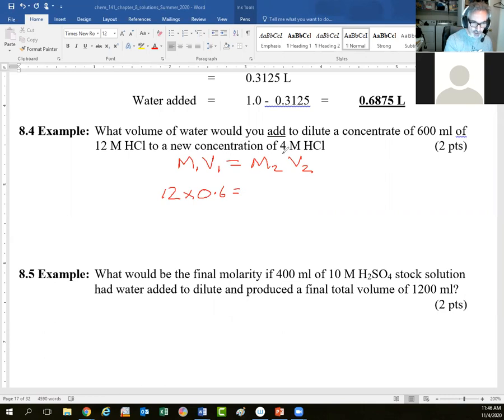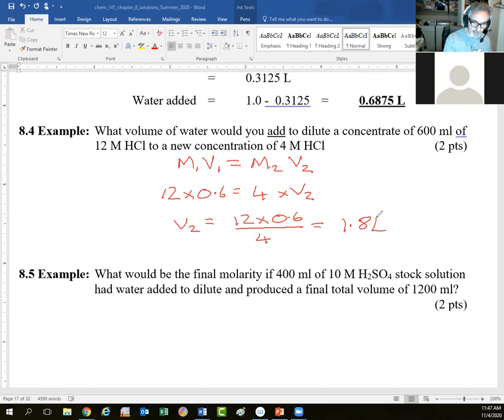And we want the new concentration, M2, to be just 4. So V2 will be the 12 molarity times the 0.6 liters divided by the 4 molarity that we want. And that comes to 1.8 liters.